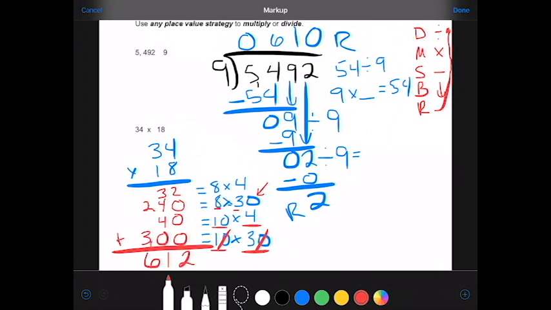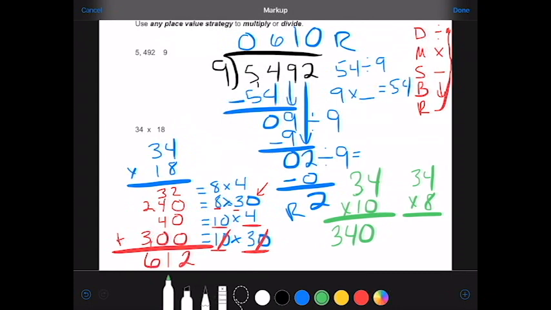Another way you can check it that a lot of kids feel more comfortable with is you can also go 34 times 10 and 34 times 8 and just do it as 2 separate problems. 34 times 10, lots of you might know, is 340 just by looking at it.